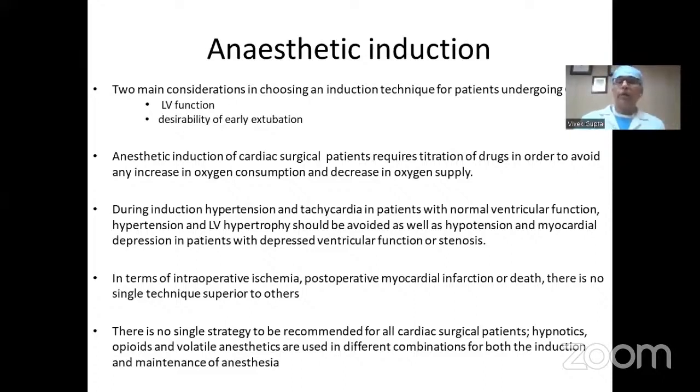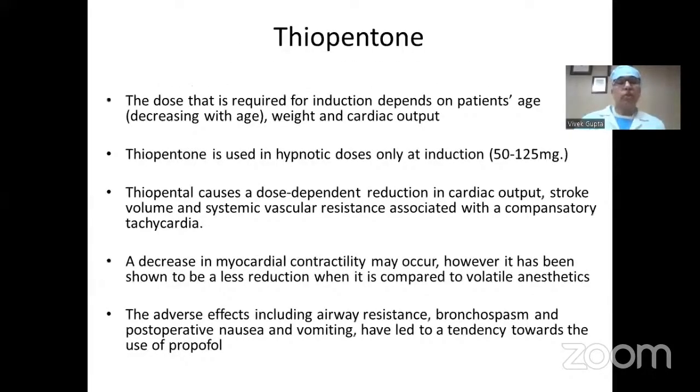There is no single strategy for all cardiac surgical patients. We can use hypnotics, opioids, volatile anesthetic agents, or a combination of both for induction and maintenance of anesthesia. The commonly used drugs for induction can be thiopentone, propofol, or etomidate.